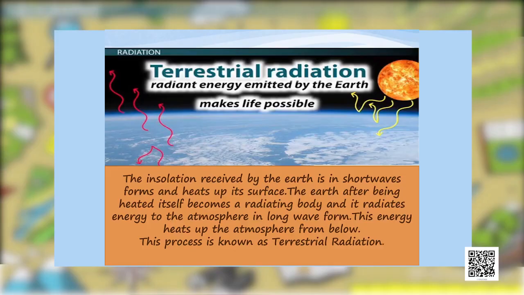What is terrestrial radiation? The Earth's surface, after being heated up by the insolation, starts to radiate energy to the atmosphere. It is in the form of long waves. The long wave radiation is absorbed by the atmospheric gases, particularly by carbon dioxide and other greenhouse gases.